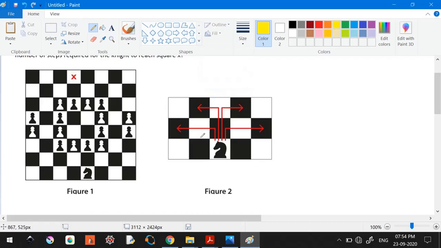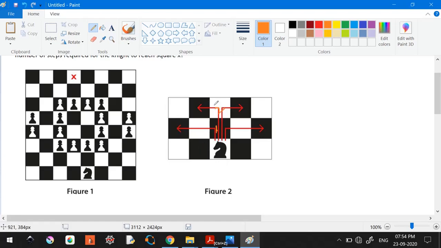So it's basically 3 steps. It takes 3 steps: 1, 2, 3. Or let me give some color. Or if you go this way, 1, 2, 3. It can go in any direction.